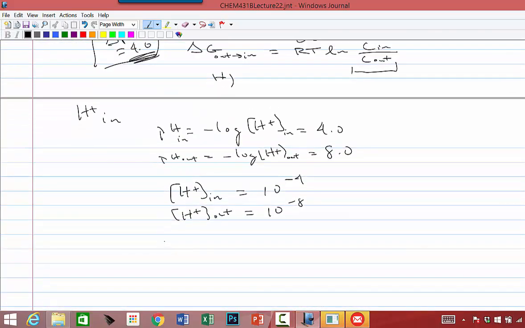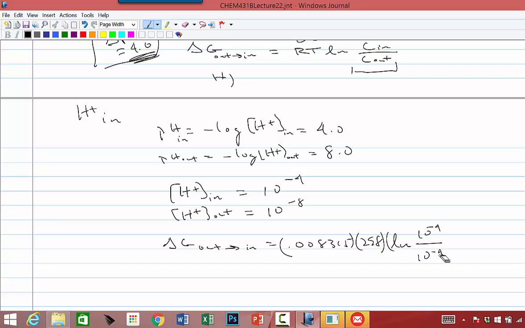So delta G, out to in, is going to be equal to 0.008315 times 298 times the natural log of 10 to the minus 4 divided by 10 to the minus 8.